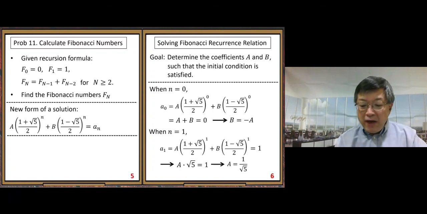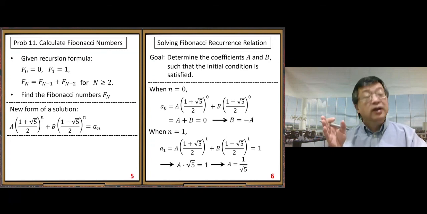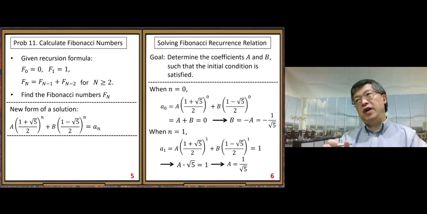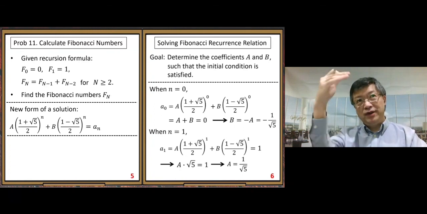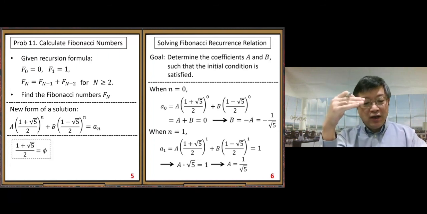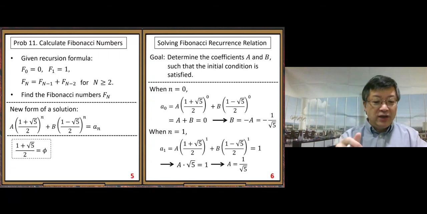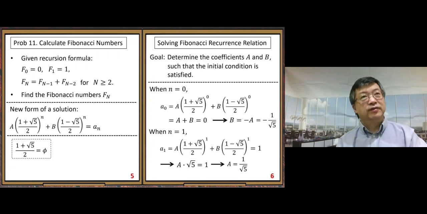So we get A equals 1 over root 5, and then B equals negative 1 over root 5. So we have both constant coefficients for the linear combination. At the end, we can write the new form.